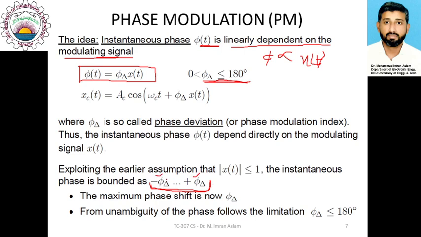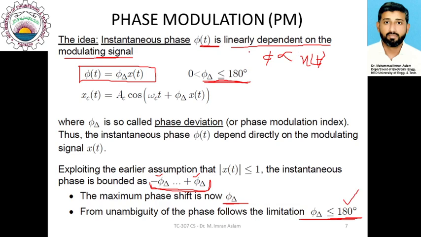Whatever phase change we have will lie in this band. If phi_delta is equal to 180 degrees, the change would be from minus 180 degrees to plus 180 degrees. That's why we need to keep phi_delta smaller than 180 degrees, so that we can detect the phase without any ambiguity. So phi_delta is the maximum phase shift, and it should not exceed 180 degrees.